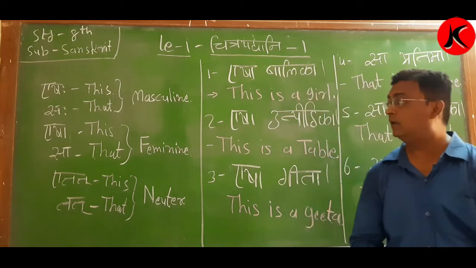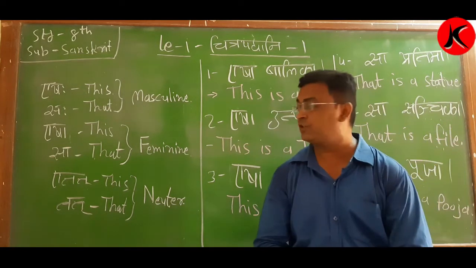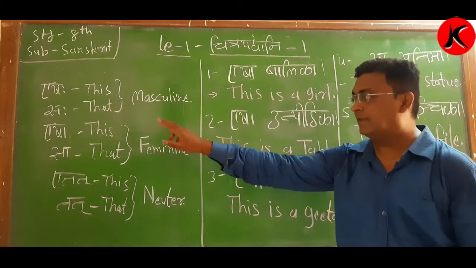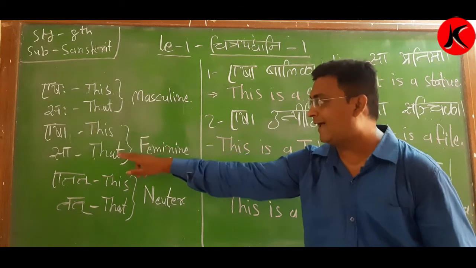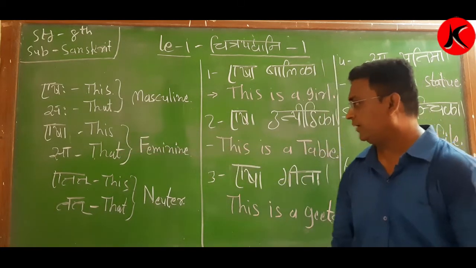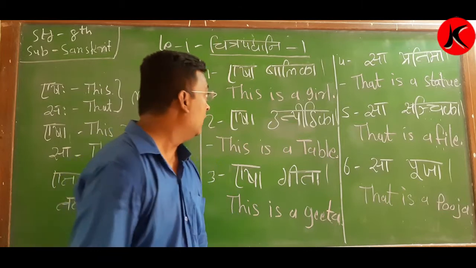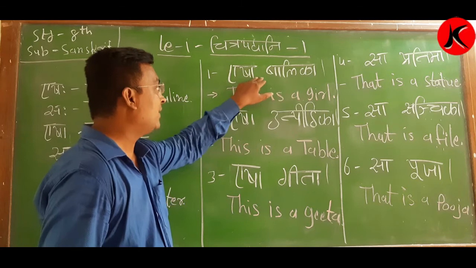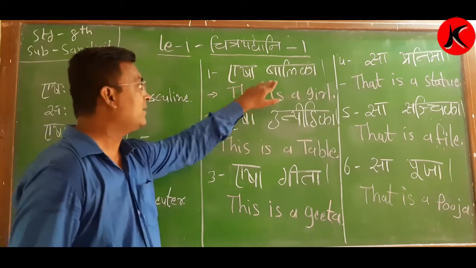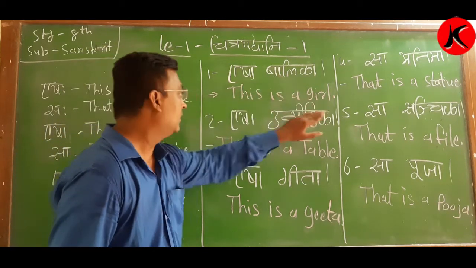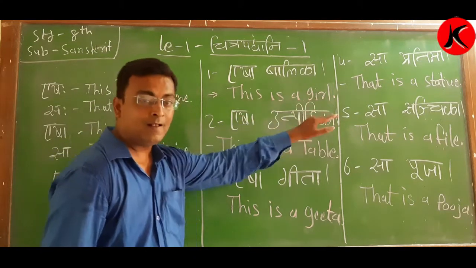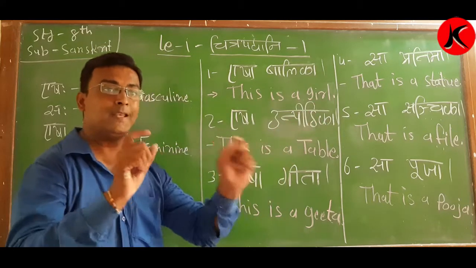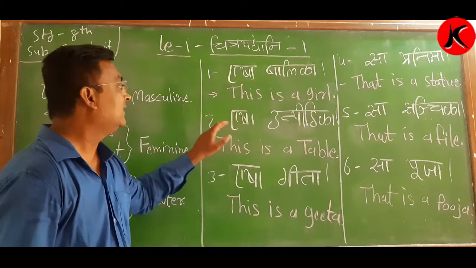Now students, on the next page, all these forms are feminine. Esha means this, and Sa means that. The first one is Esha Balika. Esha means this, and Balika means girl. This is a girl, and another way is she is a girl. Both meanings are the same.